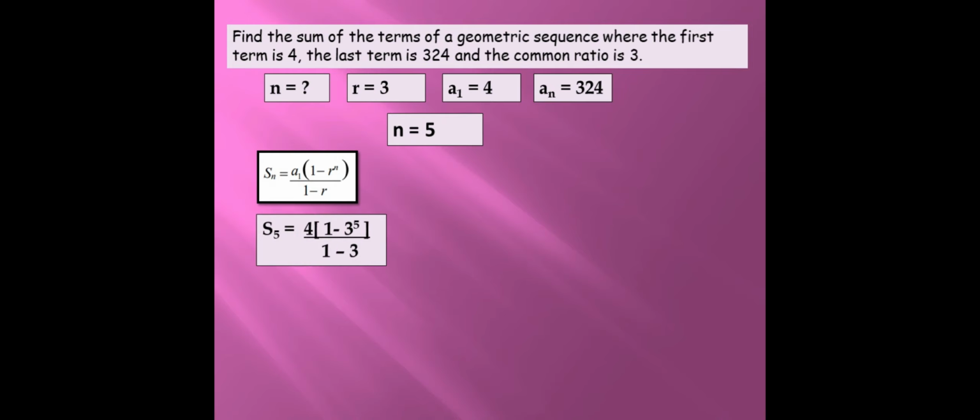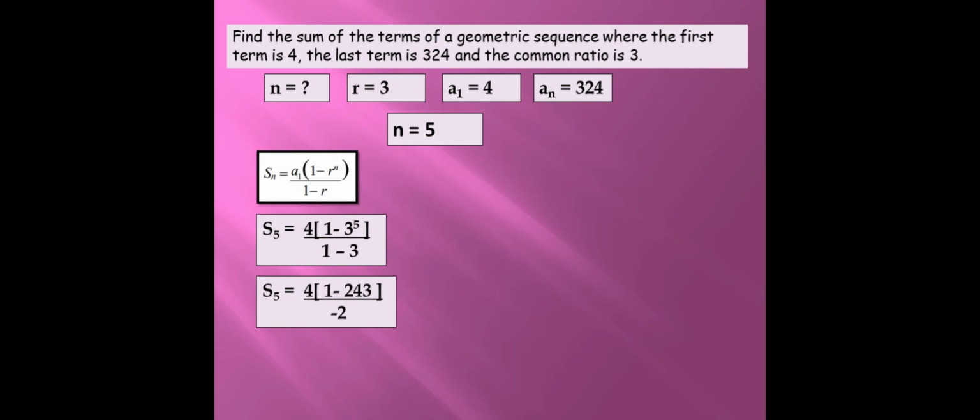Okay, so by substitution, mayroon tayo ngayong S sub 5 because your n is 5, is equal now to 4 quantity 1 minus your common ratio 3 to the 5th because your n is 5, quantity, all over 1 minus the common ratio 3.